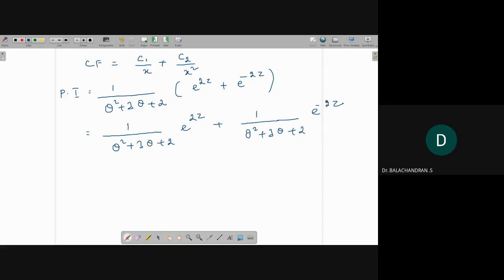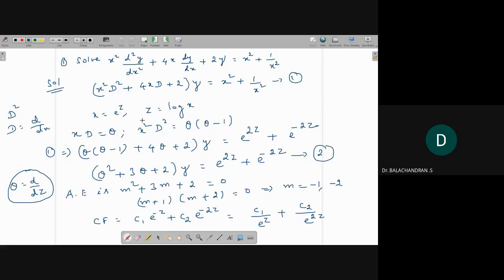The original equation, using the substitution, became equation 2, which is a linear differential equation with constant coefficients. You can check it: before theta square we have 1, here 3. So you can easily solve this problem.